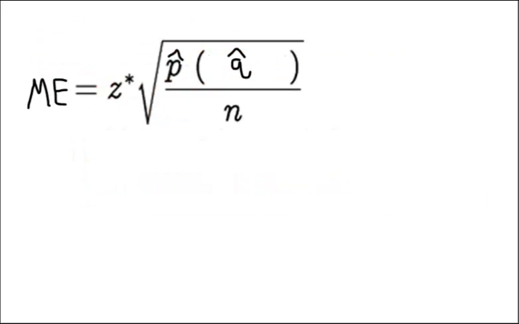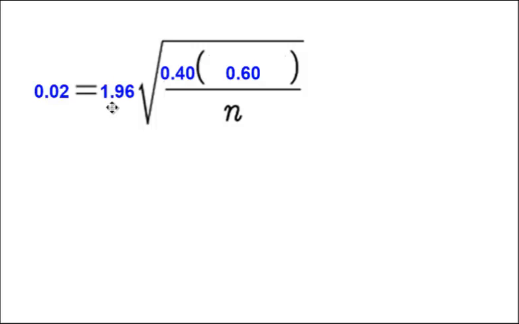Again, we start with our margin of error equation. They told us our margin of error was 2%, so we plug in 0.02. We want 95% confidence, so our critical value is 1.96.